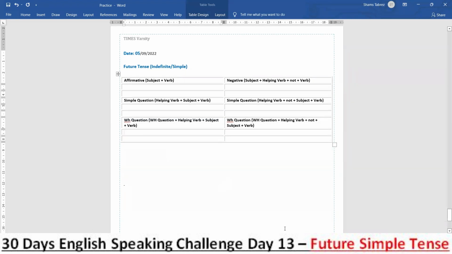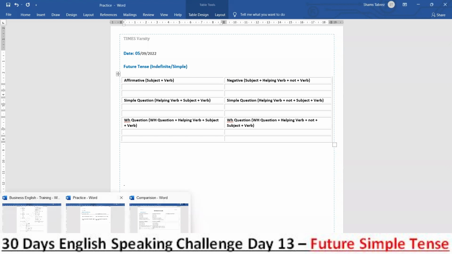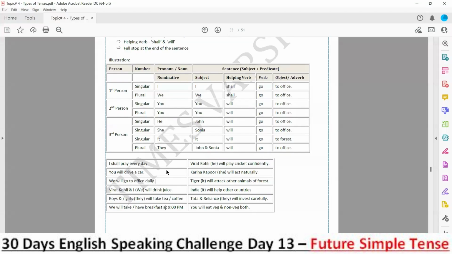So it's Naveed's turn now. Please make future indefinite tense by using the verb write. Like here, we have framed sentences by using the verb go.